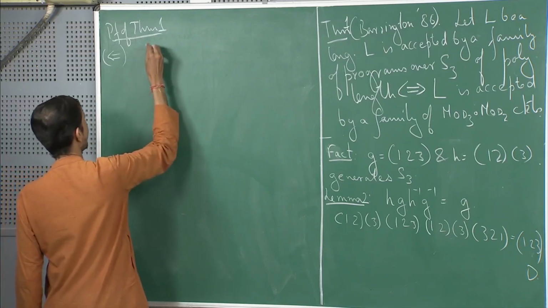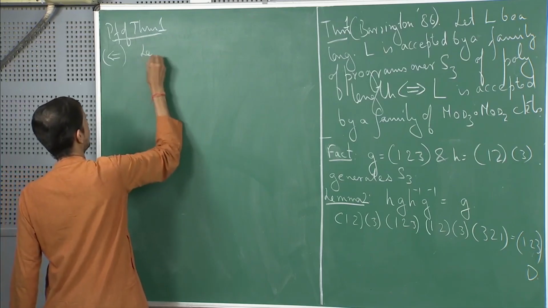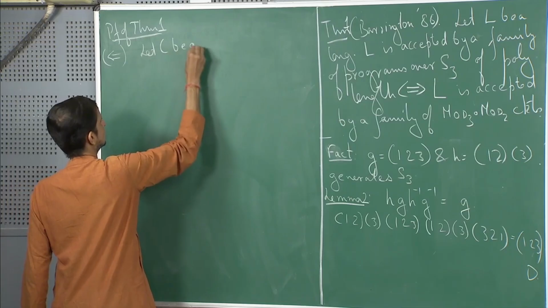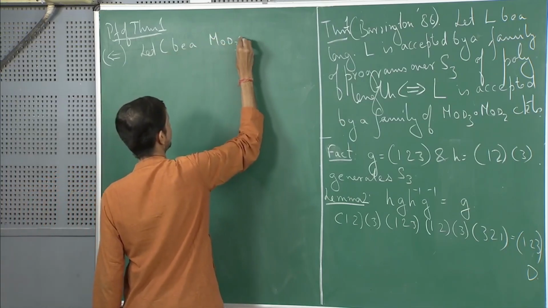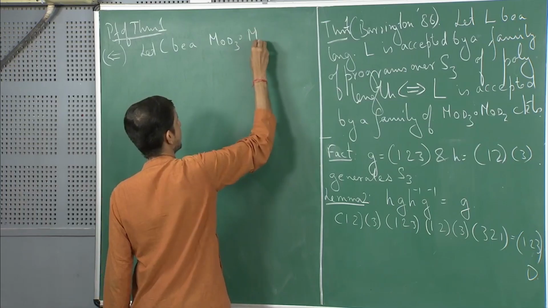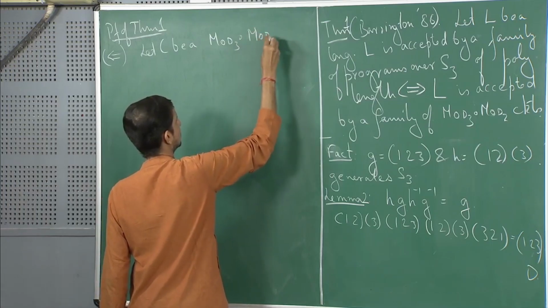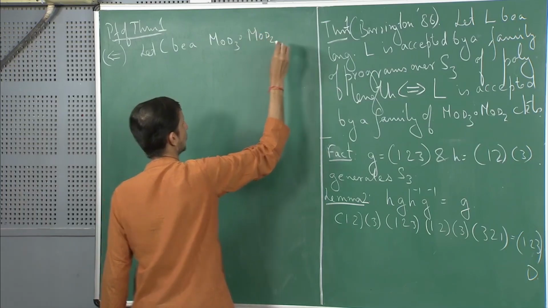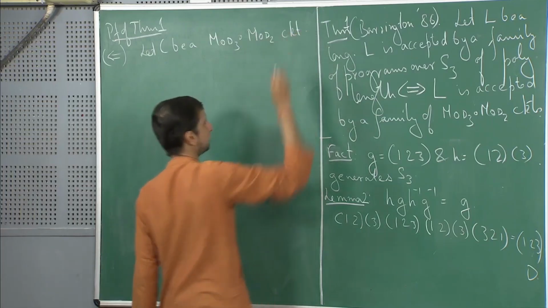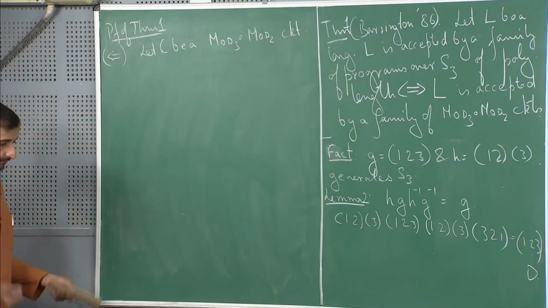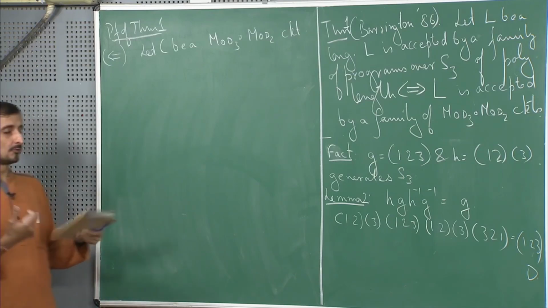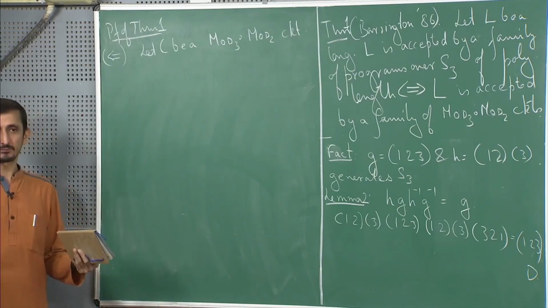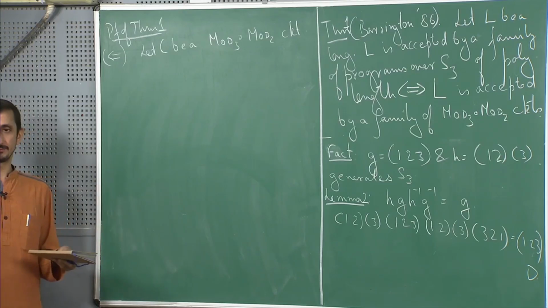So, let C be a mod 3 mod 2 circuit. So, first how do I represent a mod 2 gate? I mean, how do I represent a mod 2 gate as a branching program or as a program over S3?